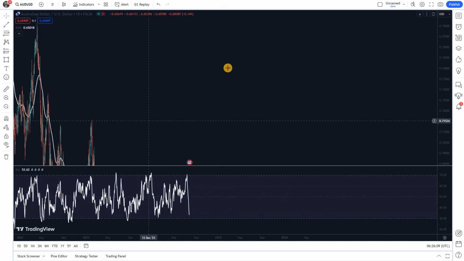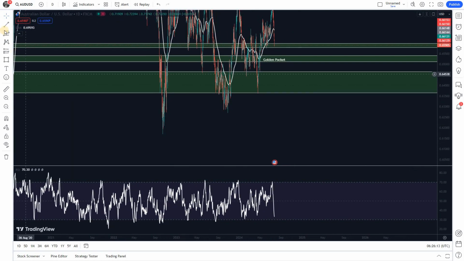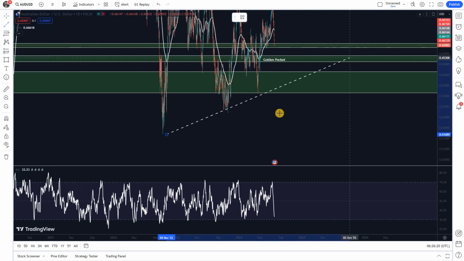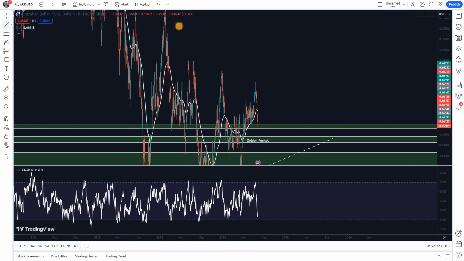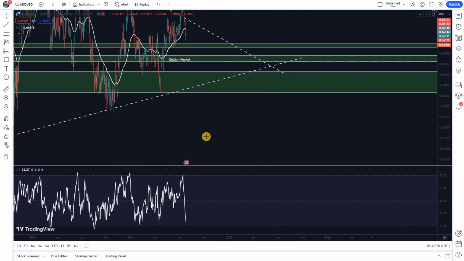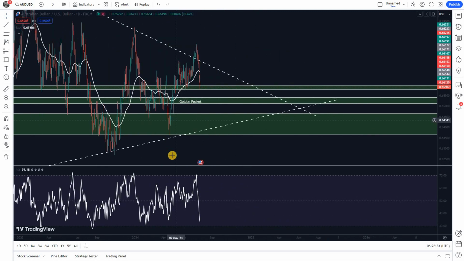The first thing first, as we can see, it's making a triangle here. Let me show you. It's making a triangle here, and if I even touch these areas, then it's making a triangle.